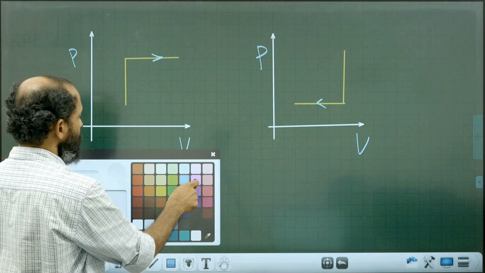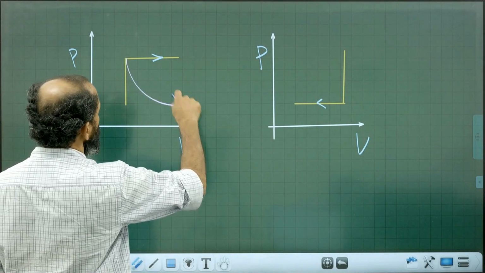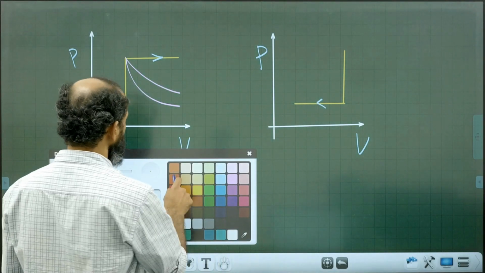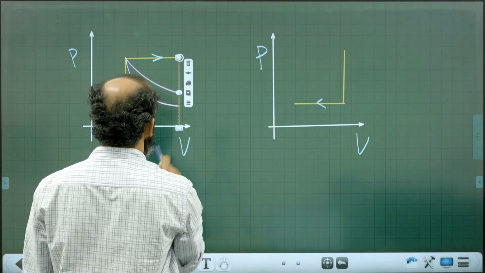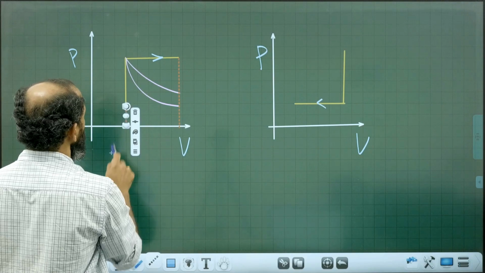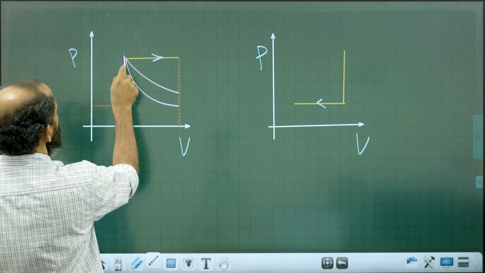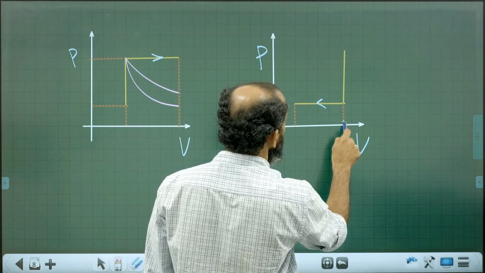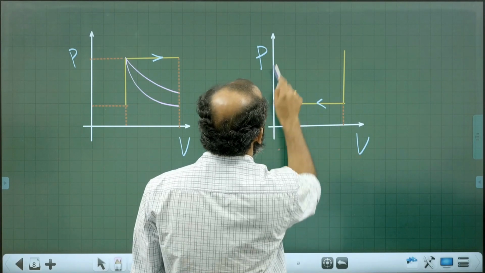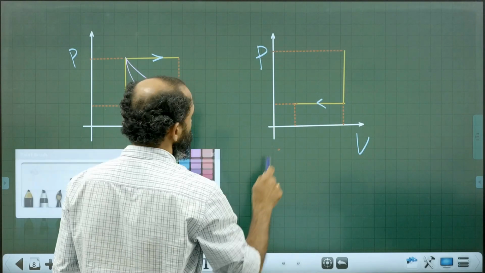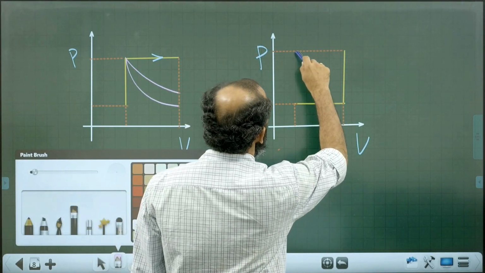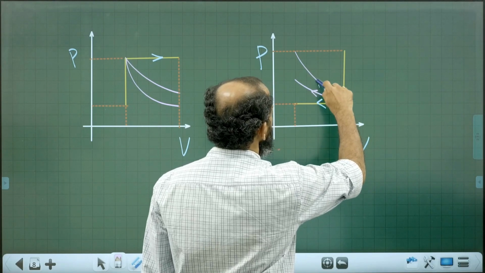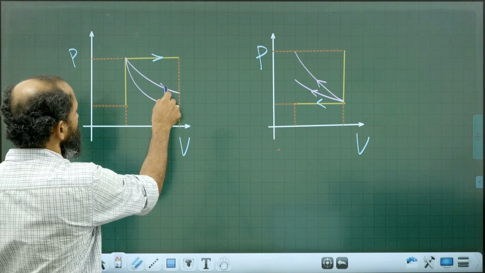Let me draw two more here. I am plotting this for same changes in volume. See this? Same changes in volume. First one is expansion and second one is compression, as I said.